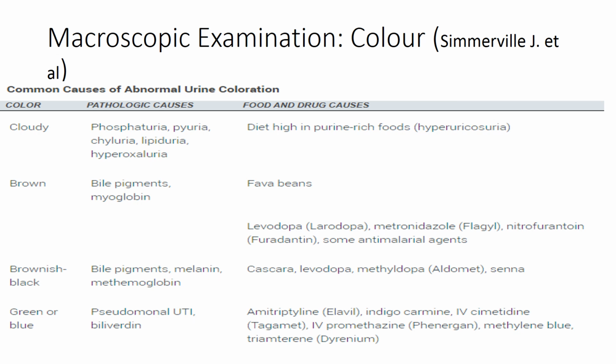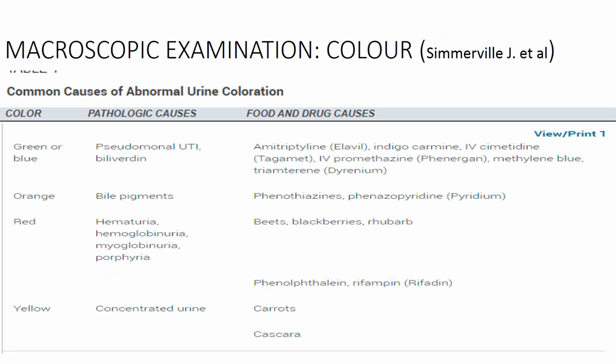You may get green or blue urine if you have Pseudomonas UTI, if a patient has taken certain dyes such as indigo or methylene blue, or you may get it in patients who are on amitriptyline. You may also get orange urine, again associated with bile pigments.